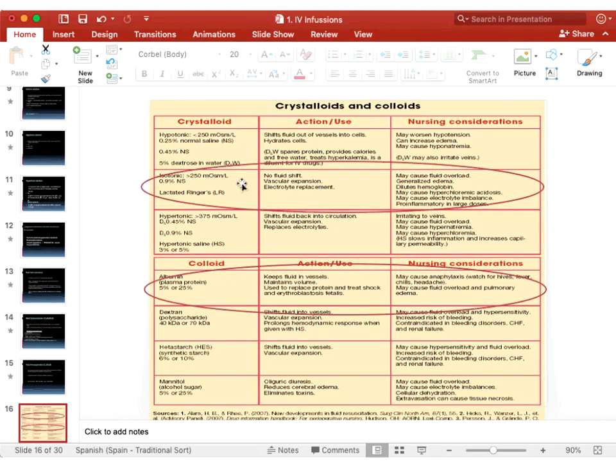So as you see here, we have the most common solutions. There are isotonic ones, Ringer lactate and normal saline solution. They can cause a little bit of vascular expansion, but not so much. You're just replacing volume, keeping your patient hydrated, and replacing electrolytes.